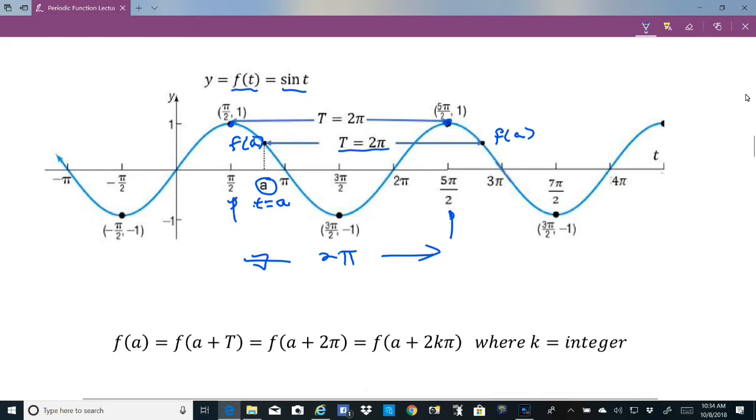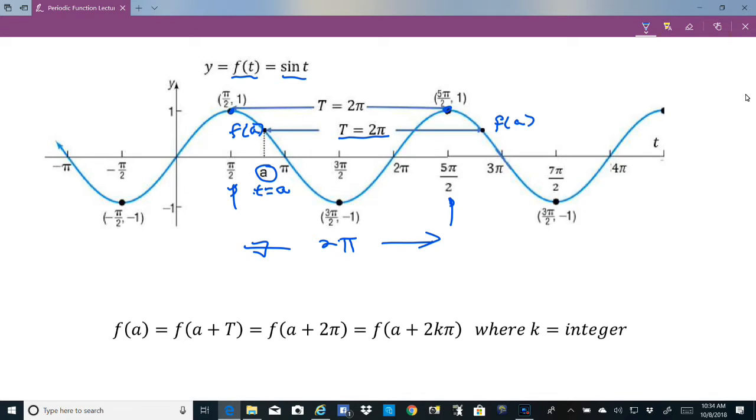So we can say for the sine function that f of a is equal to f of a plus the period. In other words, it will repeat itself, which is f of a plus 2 pi. And also, if we go an integer number of 2 pi's, it'll still be the same function.